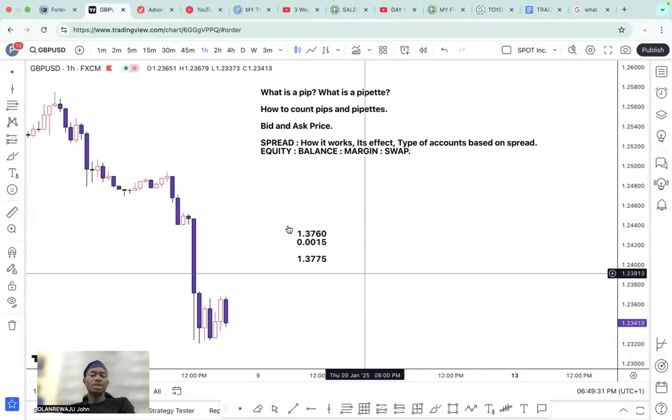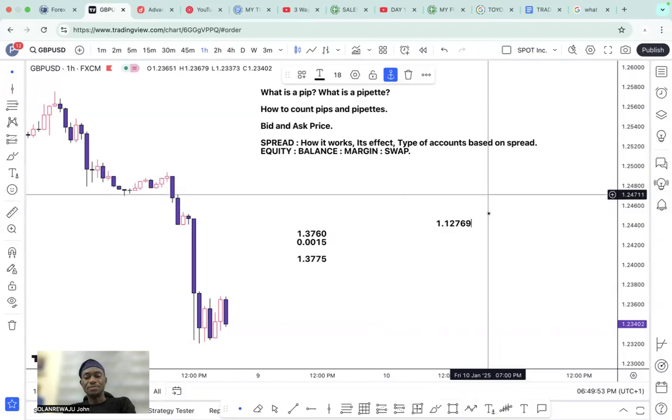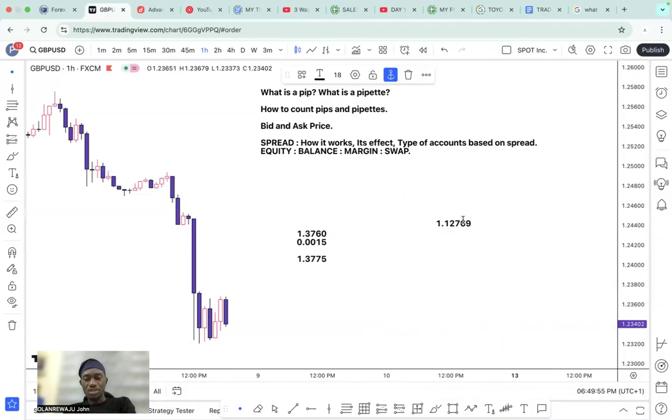And let's also assume that the market opened at, let's now pick a different number entirely, 1.2769. Let's now add that last number to make it simple. So to decrease by 15 pips, we'll start the calculation from this 6. So it will be this 76 minus 15, not this 9.